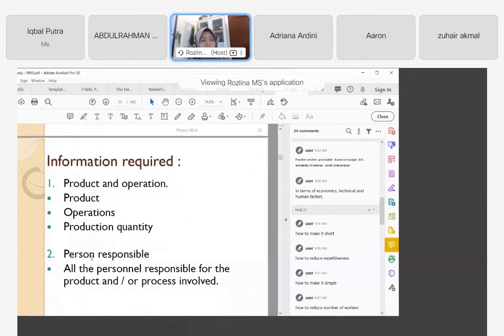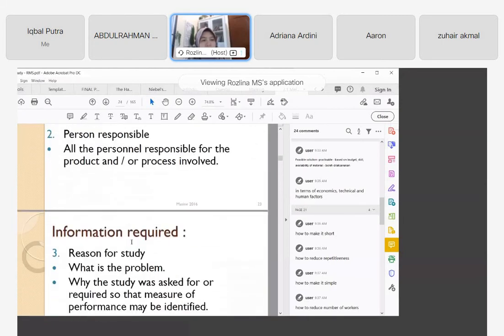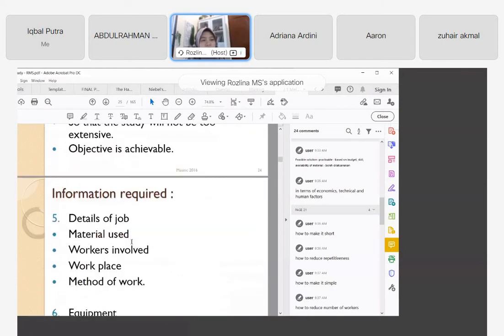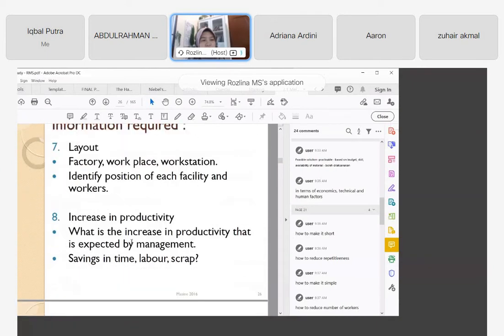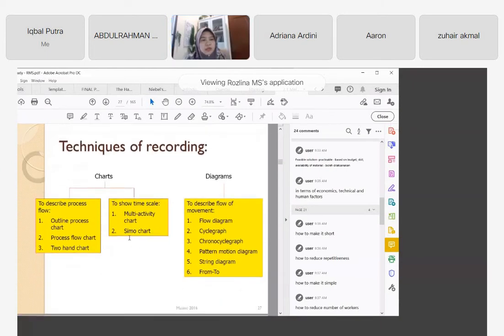Okay, this one you just read yourself, how to choose. Okay, there are some techniques of recording. Charts: we have two techniques here. If we want to describe the process flow, you are going to use outline process chart, process flow chart or two-hand chart.